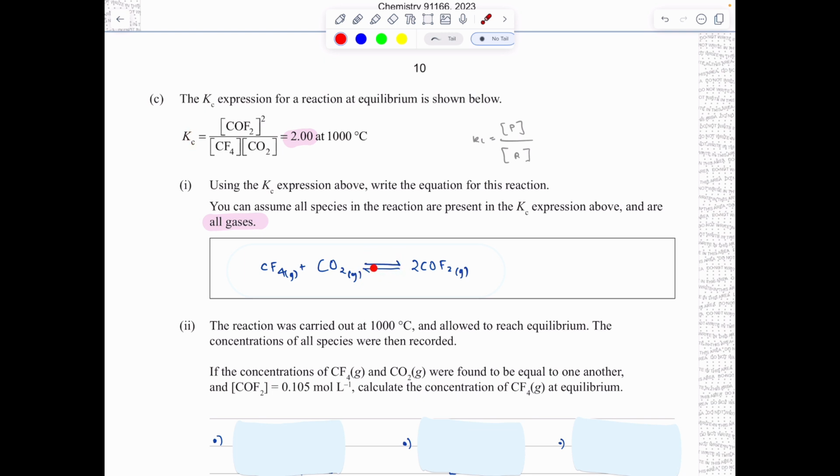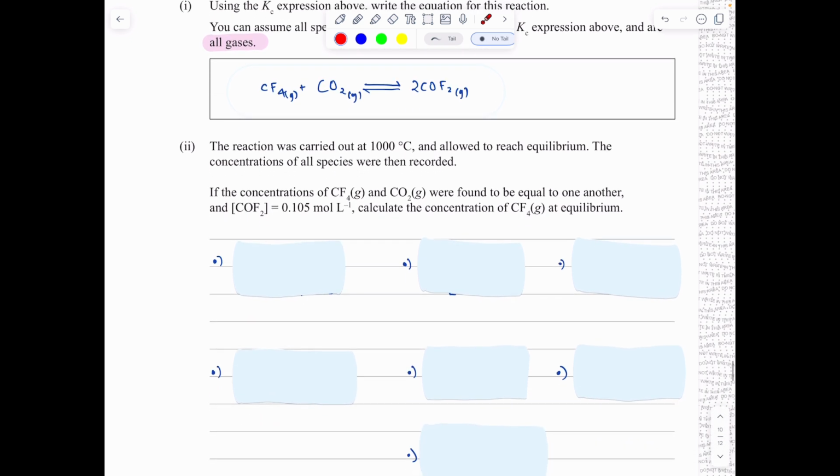It's an equilibrium constant, so you have to draw the equilibrium arrows, and it said that they're all gases, so I've specified that over here in little brackets. The reason why I have a big 2 in front of COF2 is because of this little subscript, and that shows you that there's actually 2 moles of this, so it's important to include that. But this is basically how you write the reaction.